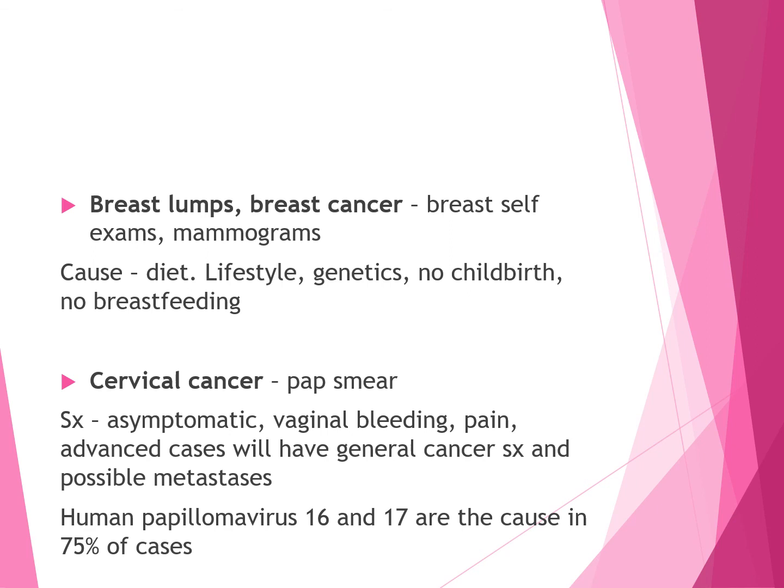It is most of the time asymptomatic. Vaginal bleeding is there, many times white discharge is more, and pain is there. In advanced cases, there is the possibility of metastasis. In human papilloma virus, types 16 and 17 are the cause in 75% of cases.